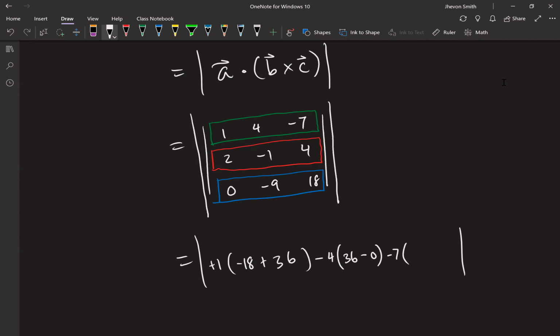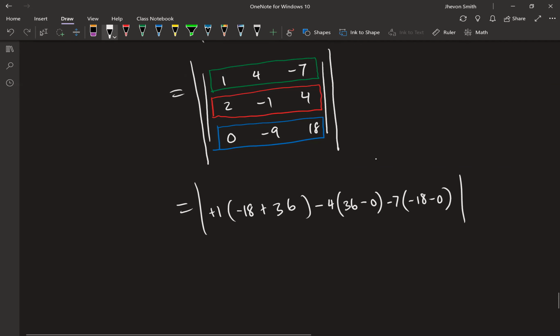Then I'm going to have 2 times -9, which is -18, and -1 times 0, which is 0. And so that is going to be 18 minus 4 times 36, plus 7 times 18.